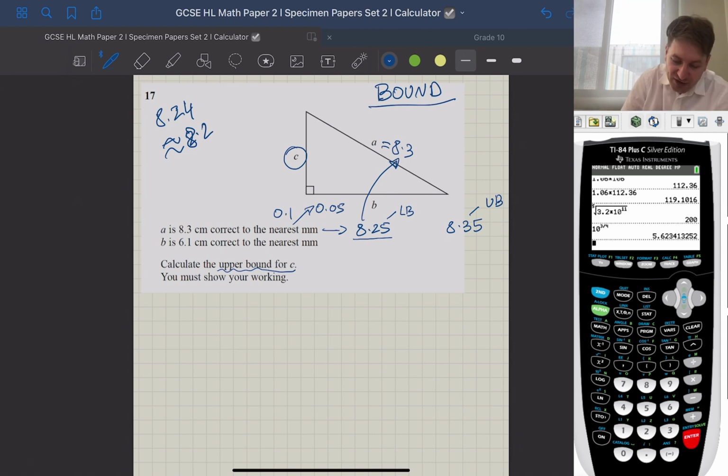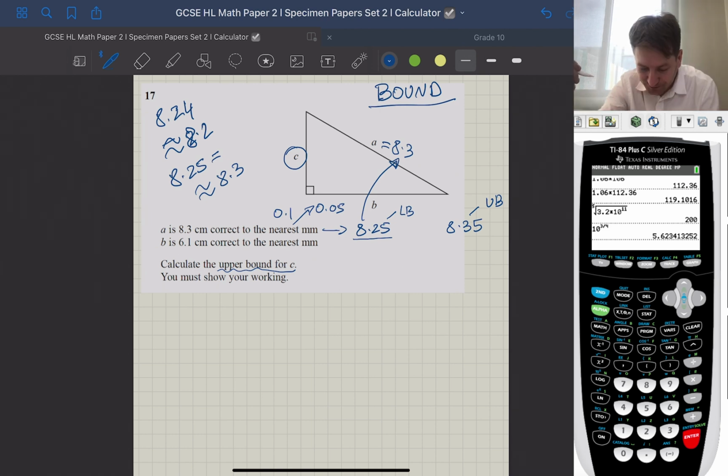But if you give me 8.25, well, yes, this would round to 8.3. So this is the first that rounds up. However, the upper bound, because mathematicians don't want to be dealing with numbers like 8.34999, we just said the first that doesn't round down. So this is the first number that doesn't round down. That's why this is the upper bound.